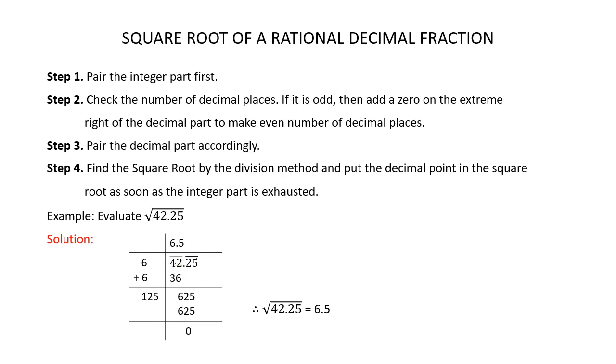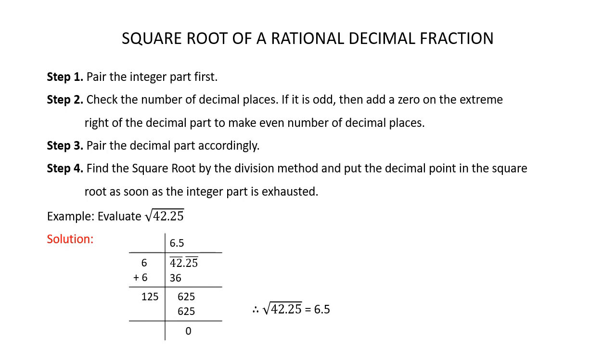Next, look at how many digits are there after the decimal point. Here there are two digits after the decimal point. So there are an even number of digits after the decimal point. So there's no problem. You can just group the two numbers into one group. So 42 is one group and 25 is another group.